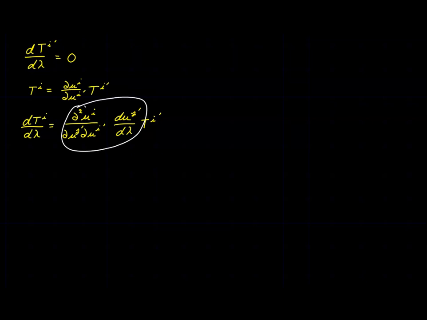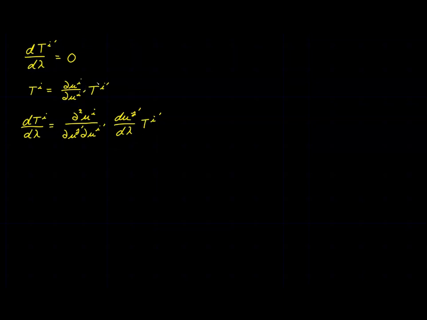Therefore, when we take the derivative of this expression with respect to lambda, we get this. This part of the expression is just the chain rule applied to this first factor, and of course ti prime itself is constant.